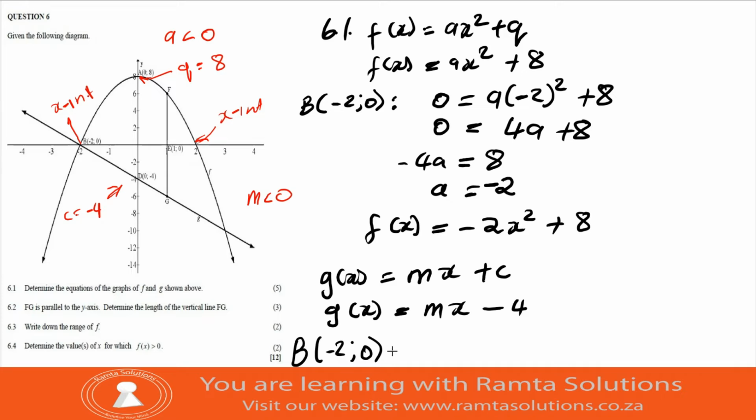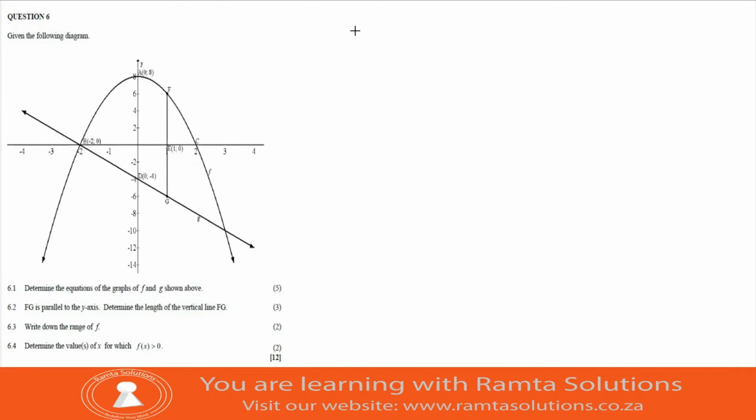So again, 0 equals -2m minus 4. Right? Okay. Now, we say 2m equals -4. Therefore, m equals -2.